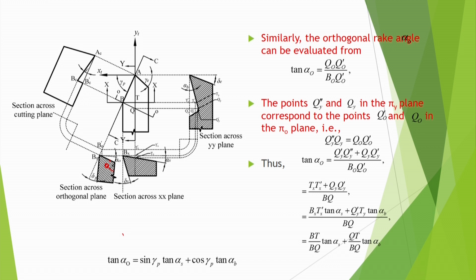Tan alpha 0 is equal to sin gamma P tan alpha S plus cos gamma P into tan alpha B.